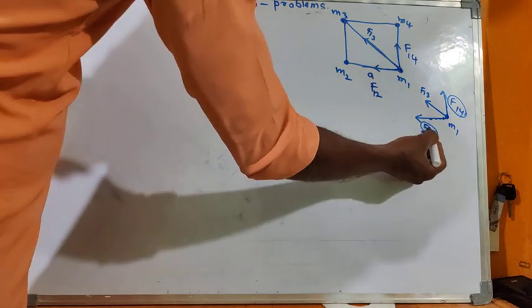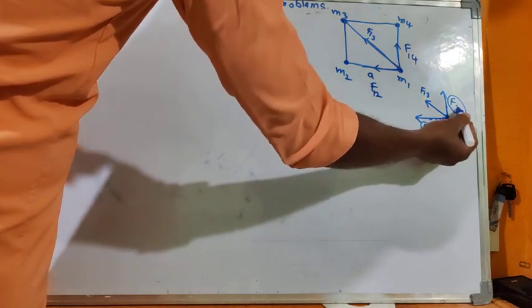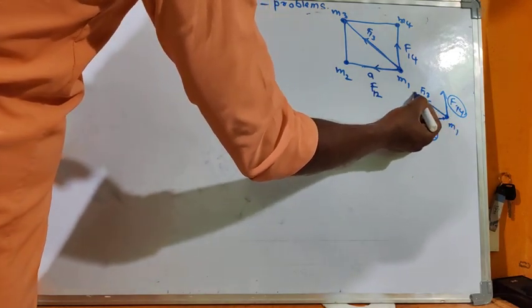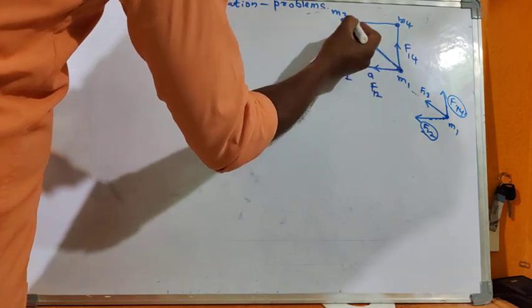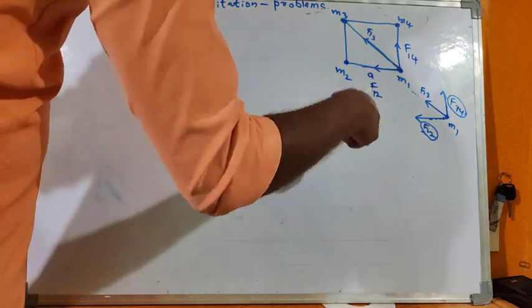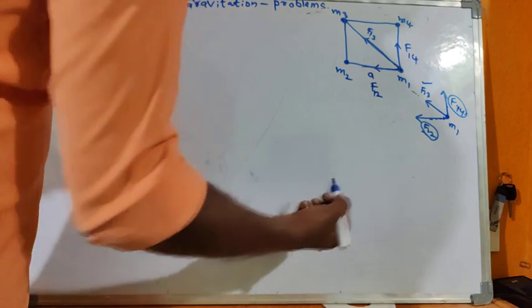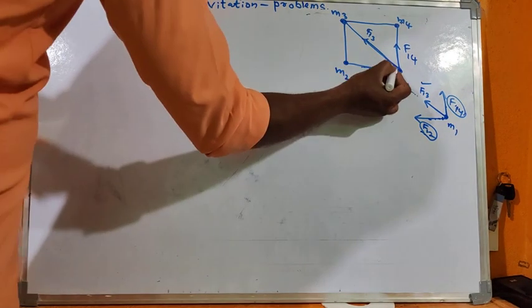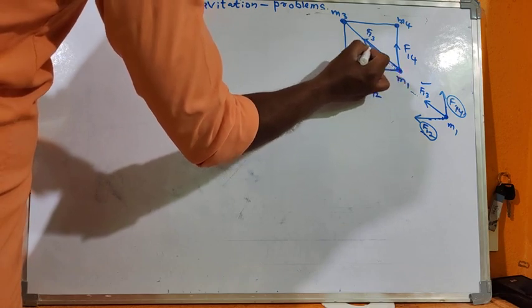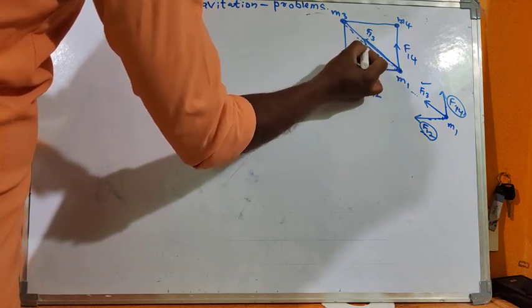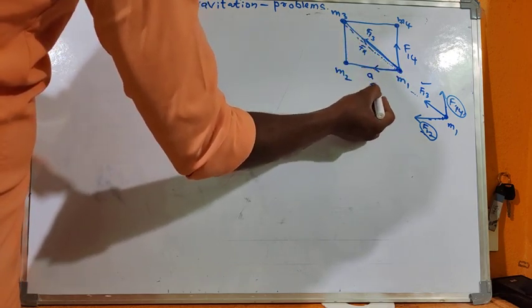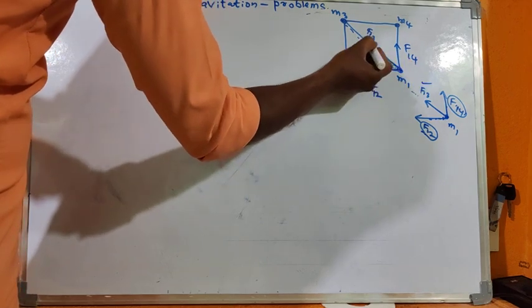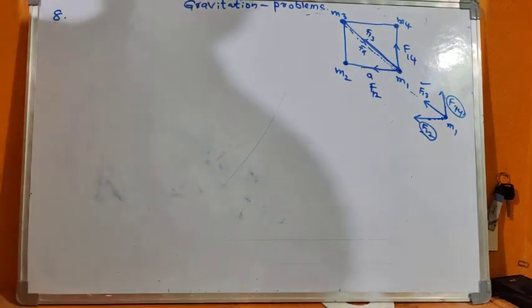The resultant of these two vectors acts along the diagonal of the square, and in that direction there is one more force, that is F13. So in this direction we have two forces. The resultant force of F12 and F14 is also along the direction of F13.